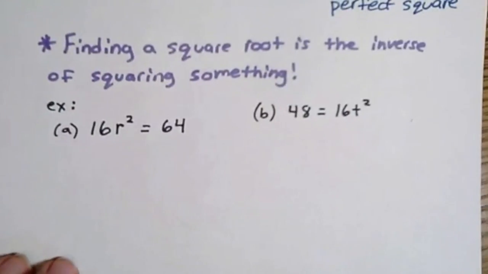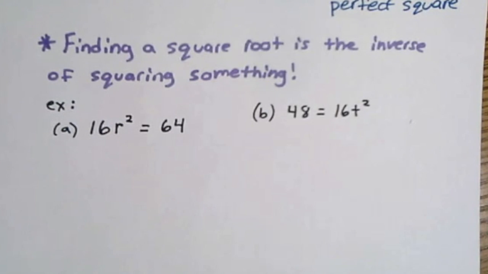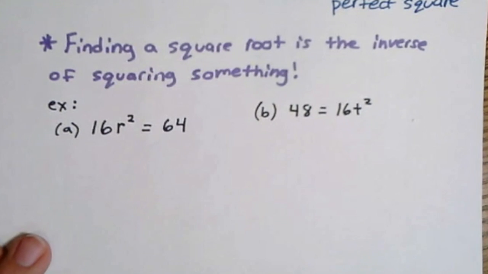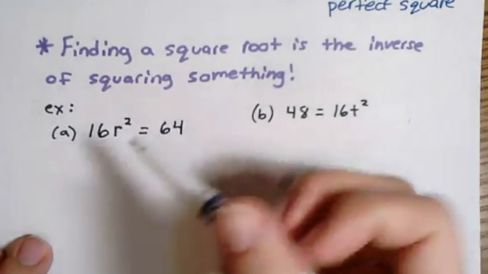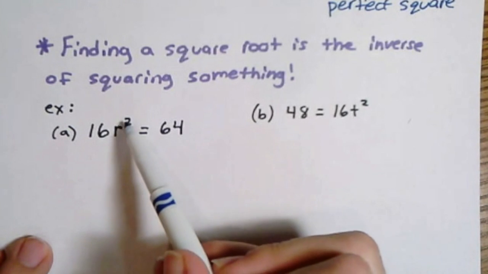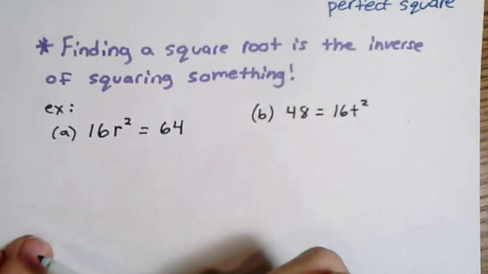Finding a square root is the inverse of squaring something. So that means that we can undo finding the square root of something by squaring it, or we can undo squaring something by finding the square root of something. This is helpful when we are evaluating equations. So here we have 16r squared equals 64.